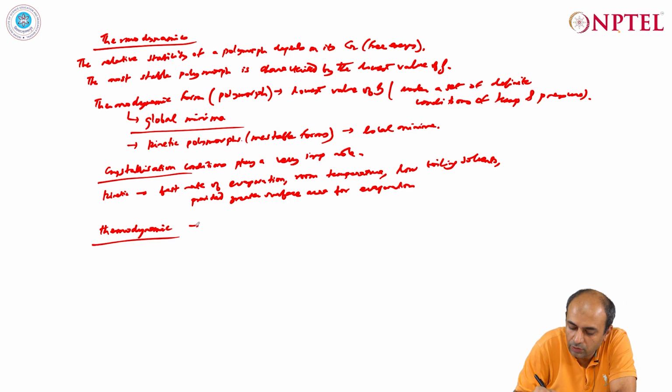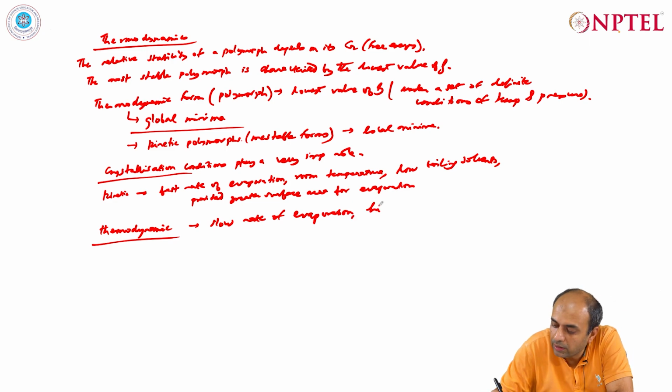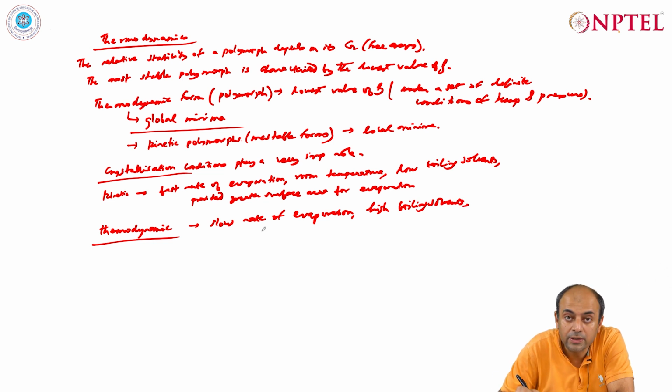Then we have the thermodynamic conditions of crystallization, where you have a slow rate of evaporation, you use high boiling solvents, and you do the crystallization preferably at low temperature, that is less than 0 degree centigrade.